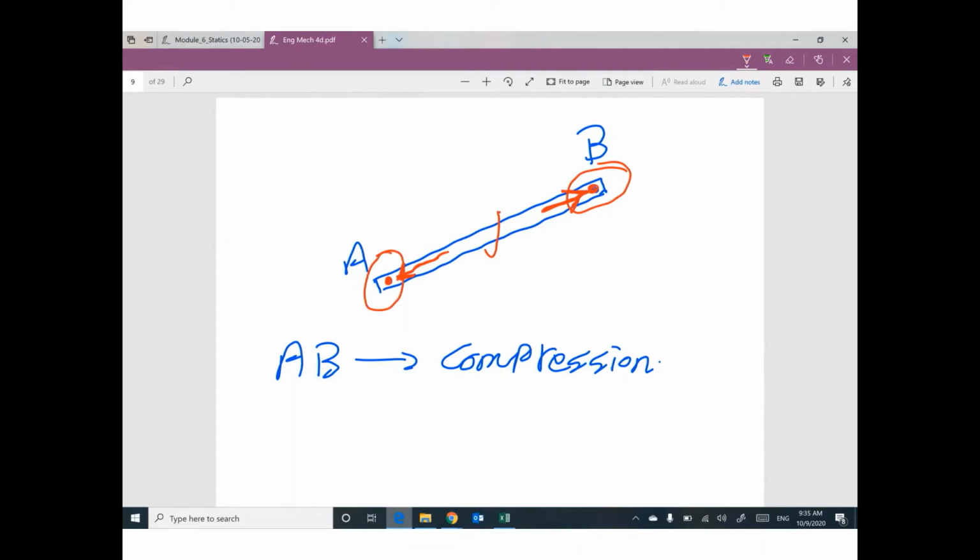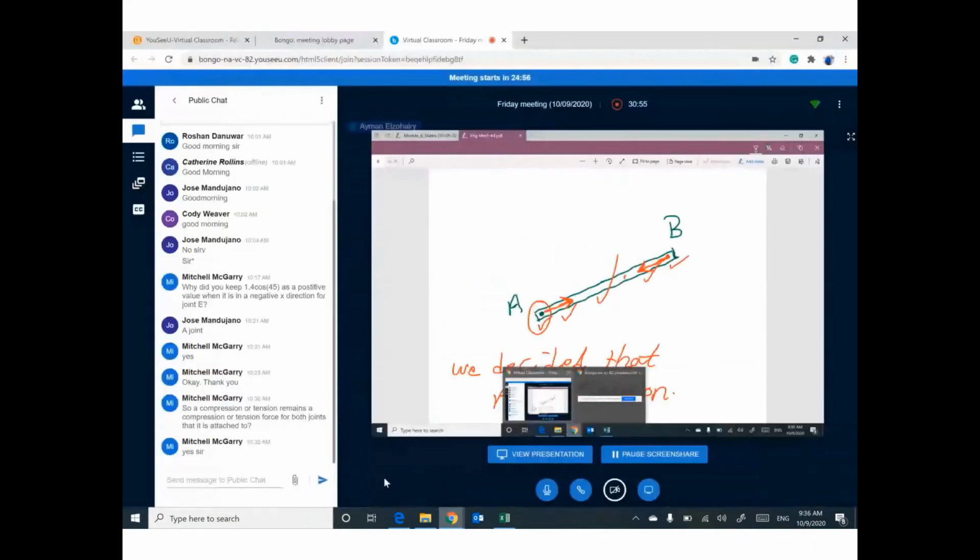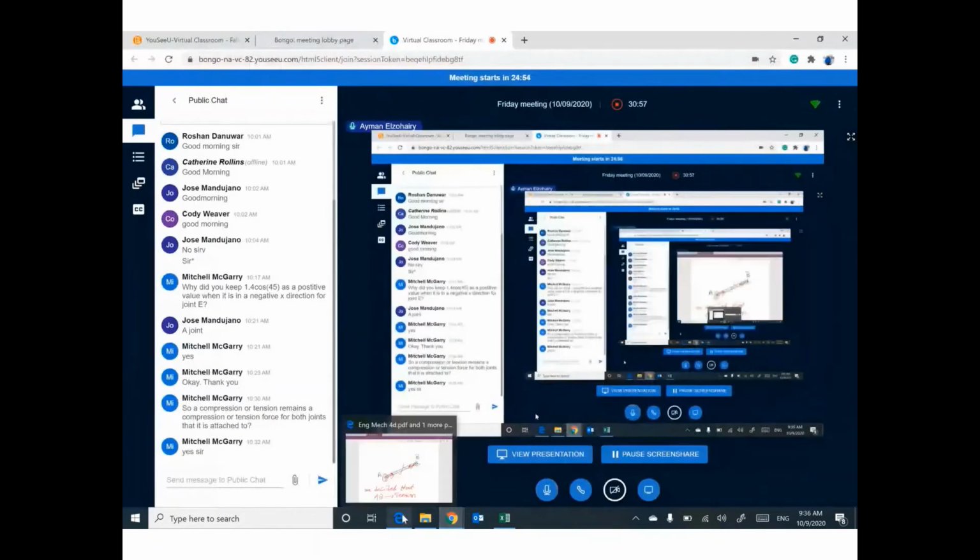In this direction, this member is trying to push this joint, and pushing means compression. This member is trying to pull this joint, and pull this joint, so this member is in tension. Okay, this point is very important.